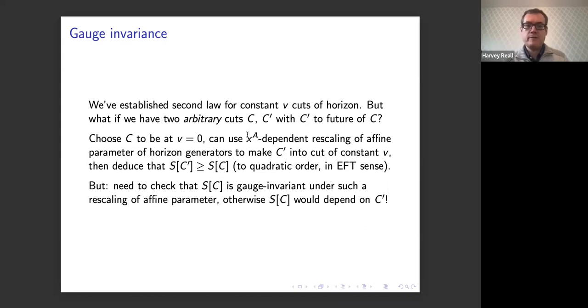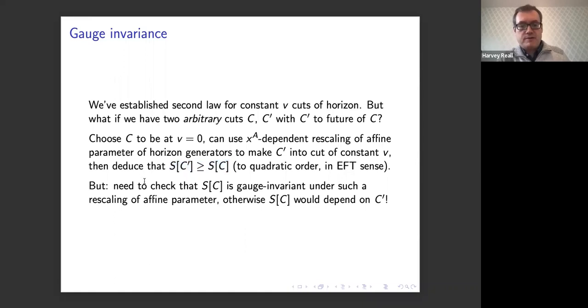In other words, you can perform a rescaling of V, which depends on X. So if you do that, you can make C primed also into a cut of constant V. And then we can use the second law that I've just described to deduce that the entropy of C primed is greater than or equal to the entropy of C, at least to quadratic order in this sense of effective field theory.